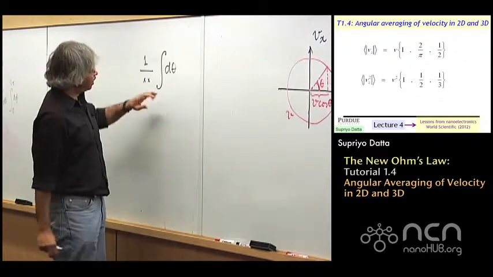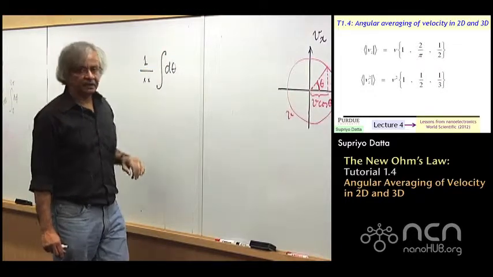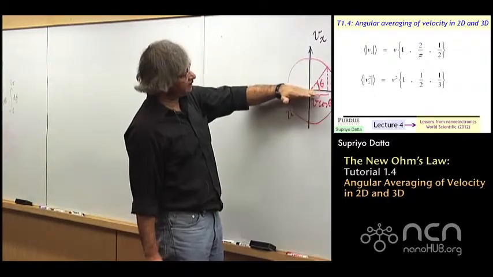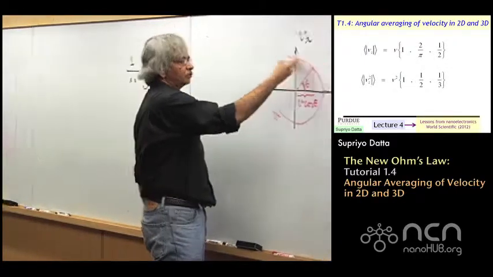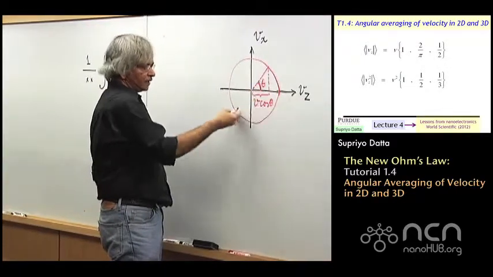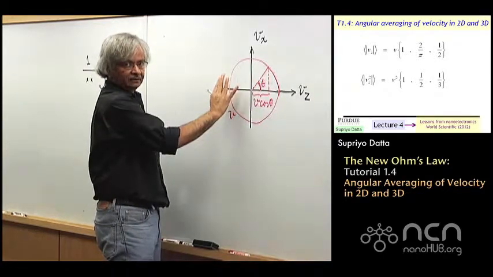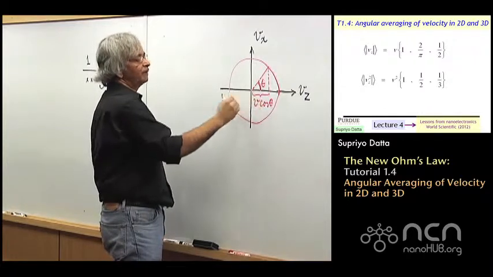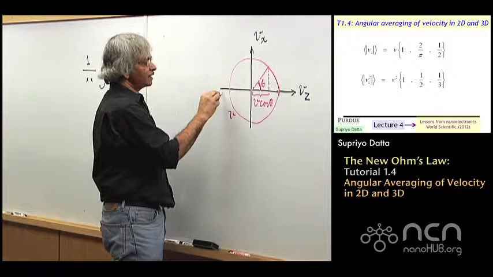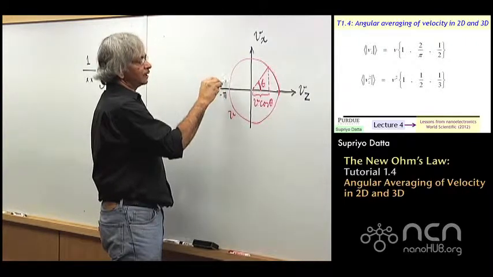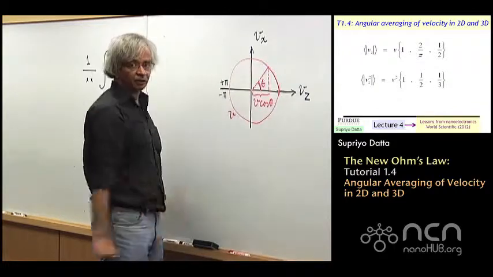First question is over what angle theta should we integrate? If you look here, theta runs from 0 to pi here and then 0 to minus pi. If you wanted to integrate over the entire circle, you would go from minus pi to plus pi.